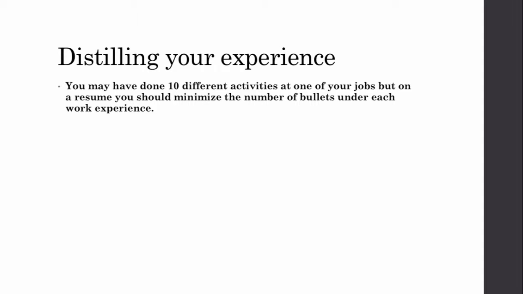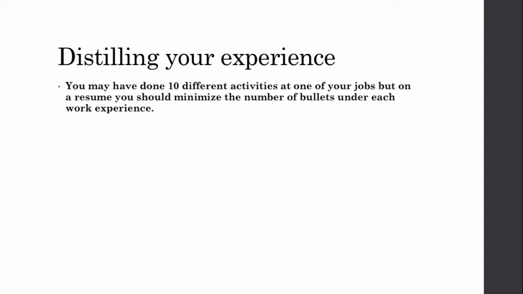Now, earlier in the left example in the previous slide, I mentioned that the bullet list was way too long. And it's common that we all have done around 10 different activities at one of our jobs, or at most of our jobs.